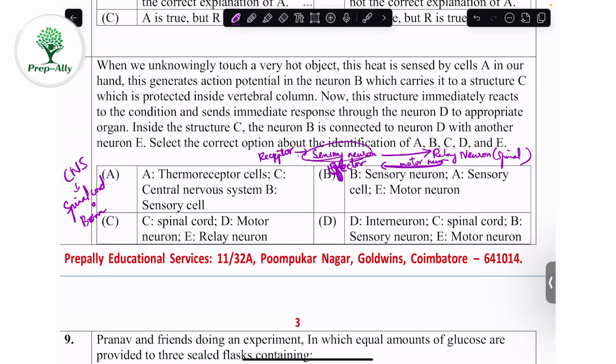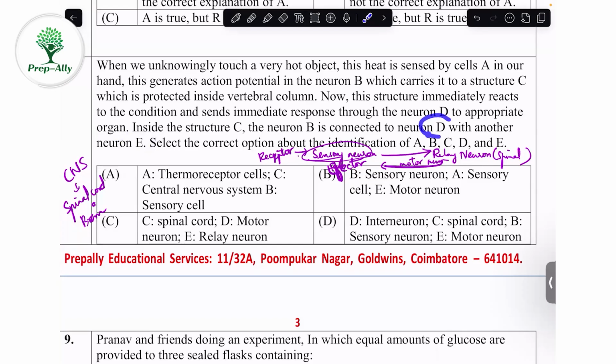So here, D can be either motor neuron or relay neuron. Relay neuron is sometimes also called interneuron. Inside the structure C, the neuron B is connected to neuron D with another neuron E. This motor neuron should be final. It can be E, but it cannot be D, because after D one more neuron is there.